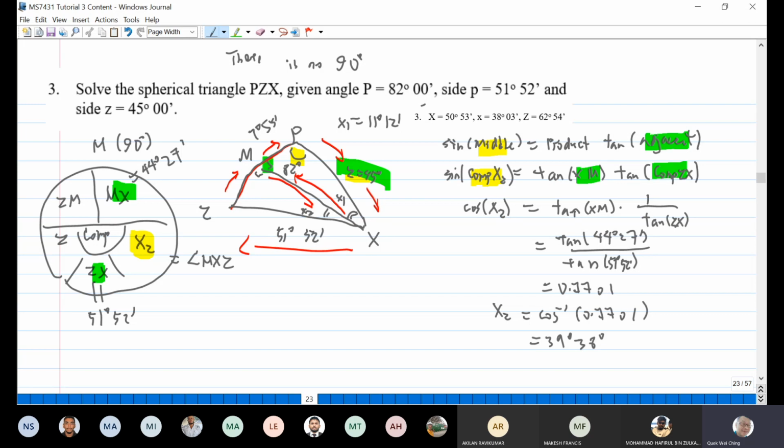So this is my X2. So X2 is 39 degree 38 minutes. So for now, I know what is X now, right? X is equal to X1 plus X2.